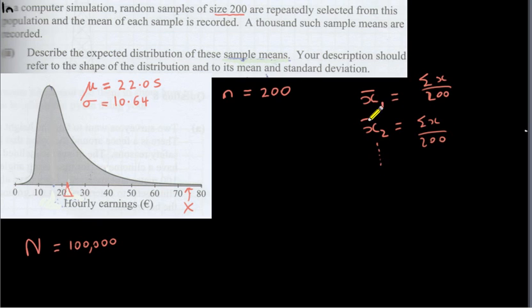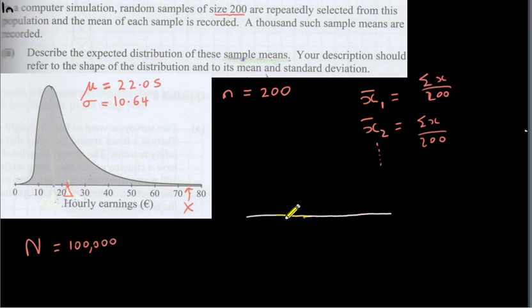So we keep on doing that ad infinitum in theory, and we have all these sample means, and we just see what the distribution of them looks like. So I explained all this in the previous video. I'm just repeating myself really.